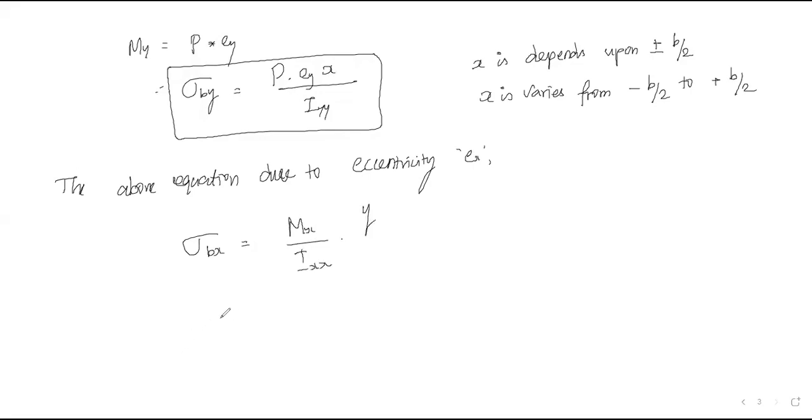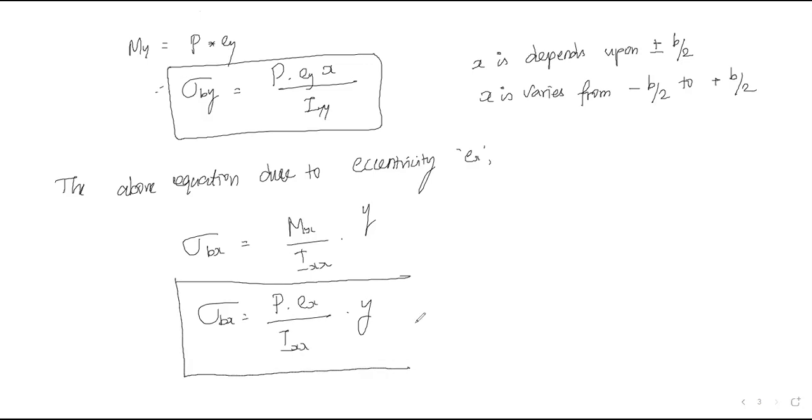Here, instead of Mx we are going to write P into ex. So sigma bx is equal to P into ex divided by Ixx into y. Okay, so this is the bending stress value about eccentricity ex.